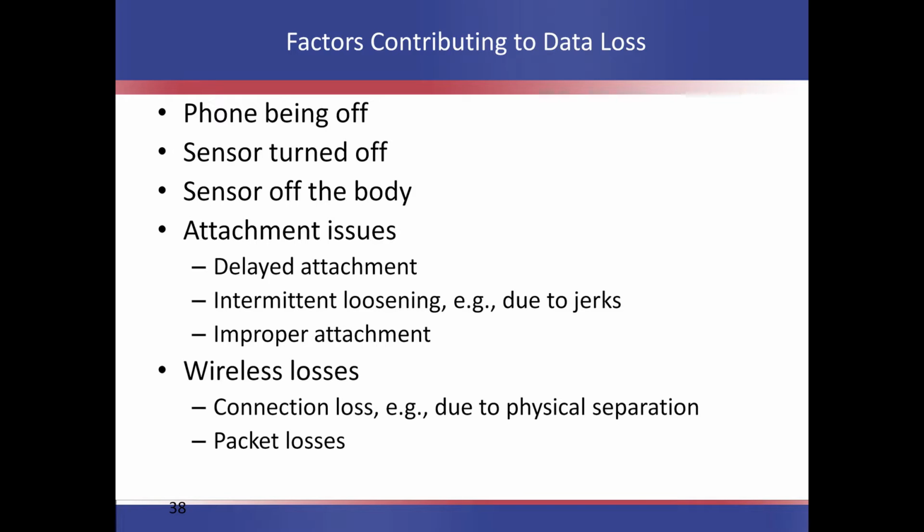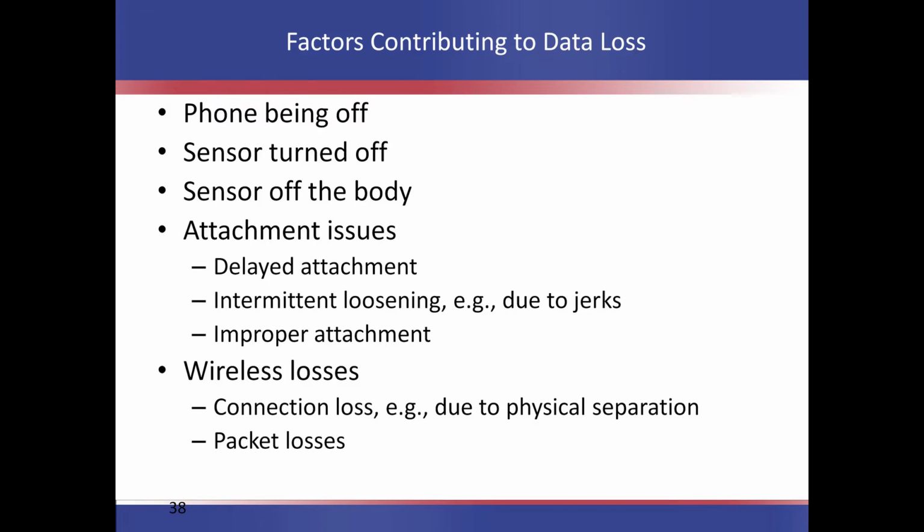We looked at the phone being turned off due to battery or intentionally by the participants, sensors being turned off, and sensors being off body, taken off perhaps because they were engaging in some activity, contact sports or some socially private activity. Then how much data do we lose due to attachment issues, and how much because of wireless losses?